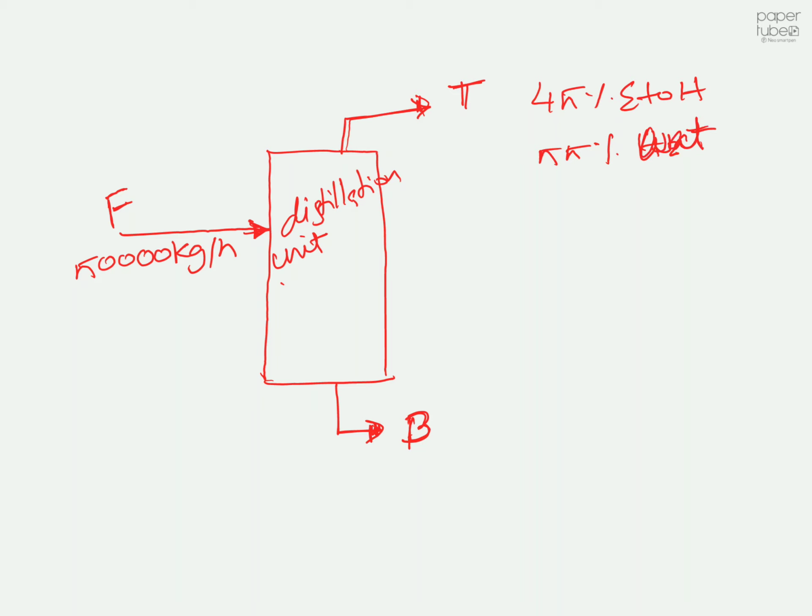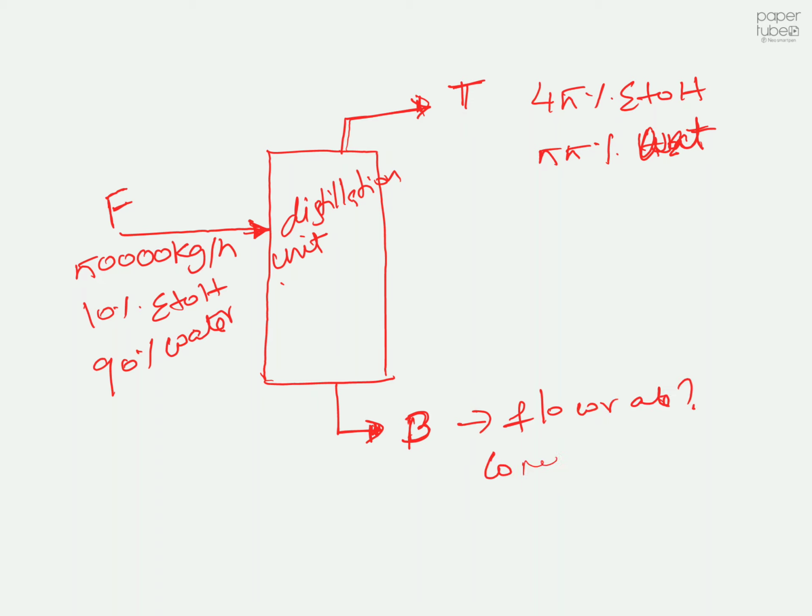Then your feed contains 10% ethanol and 90% water. And then your bottom product, what does it contain? We don't have the information, so we need to find the flow rate, and we also need to find the composition. So that's the question.